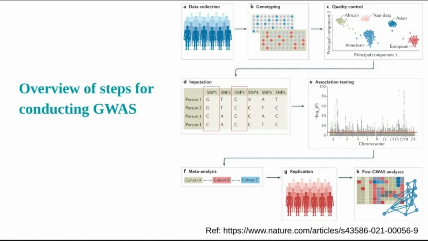Then when you have both data, the next step is called imputation. Imputation is the important thing, where we are able to identify the SNPs. Suppose SNP1 or SNP3 are already well-known SNPs.